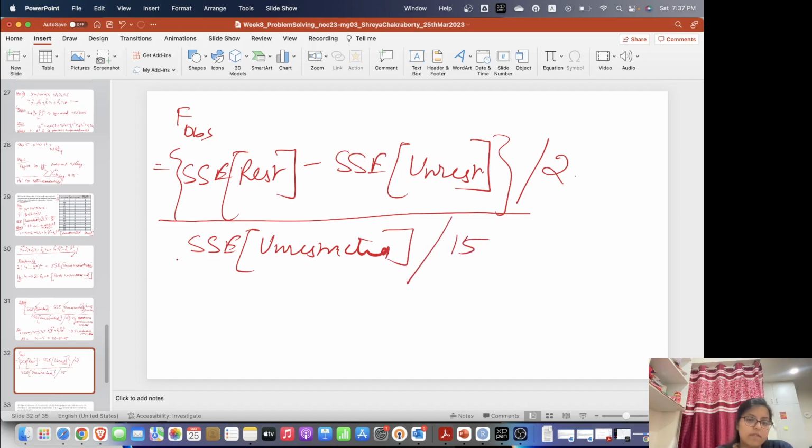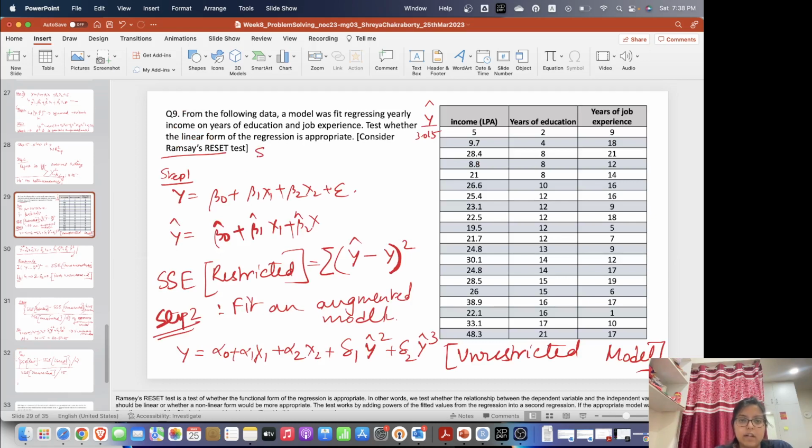So let's say I have this information given to me: sum of squares error from the restricted model is given as 282.20, and sum of squares error from the unrestricted model is given as 268.57.